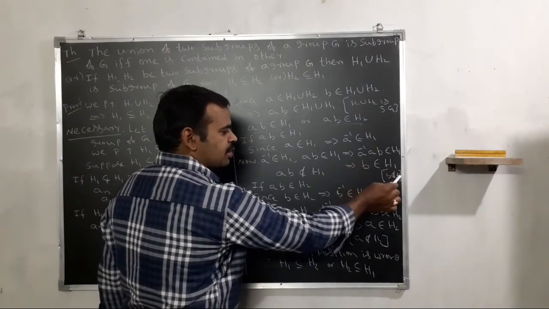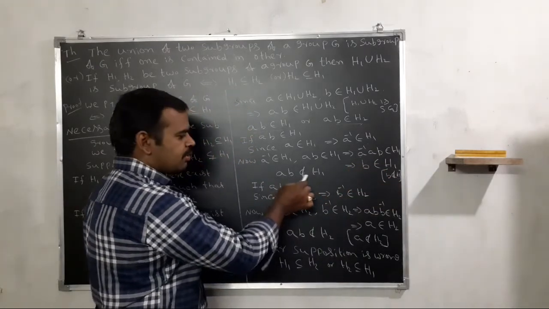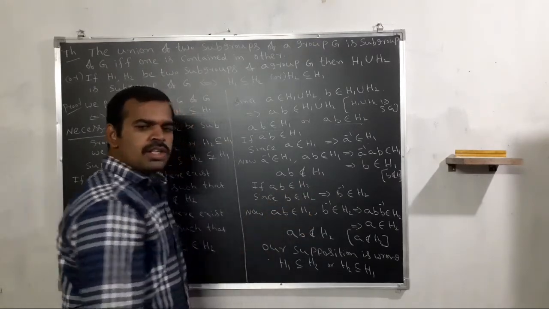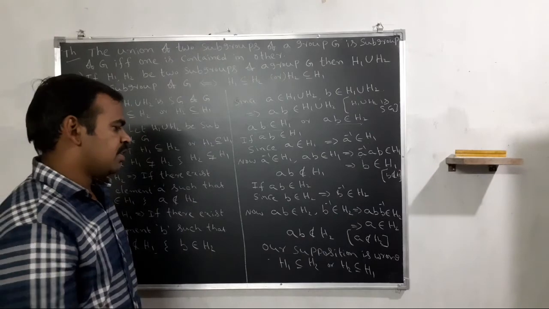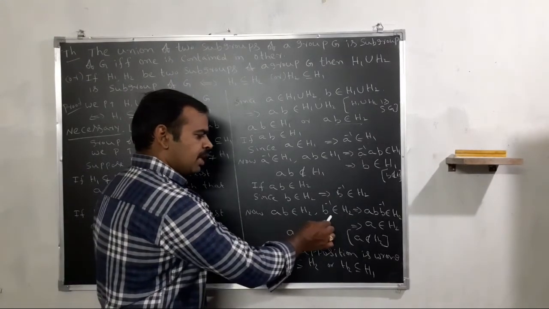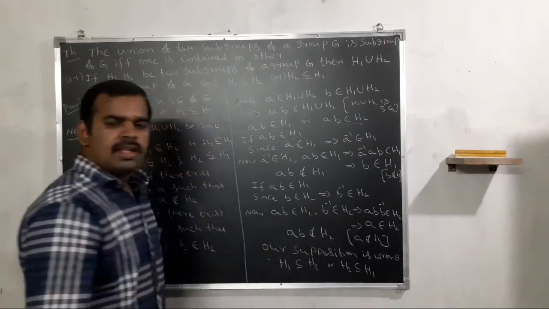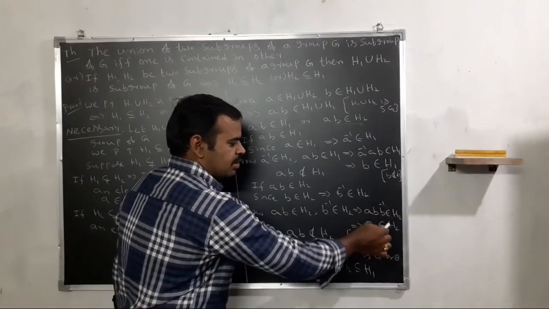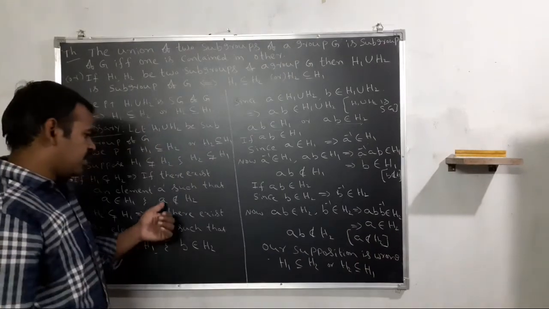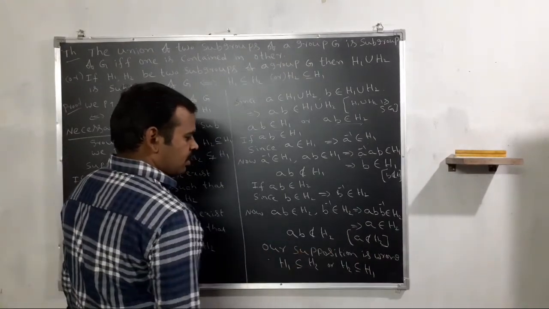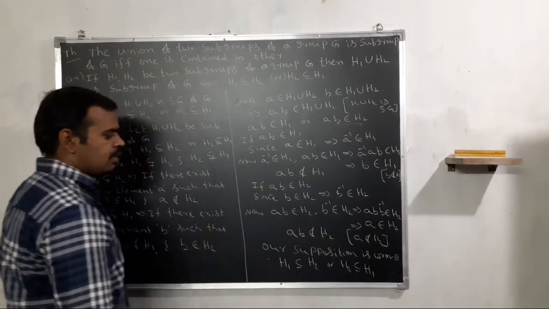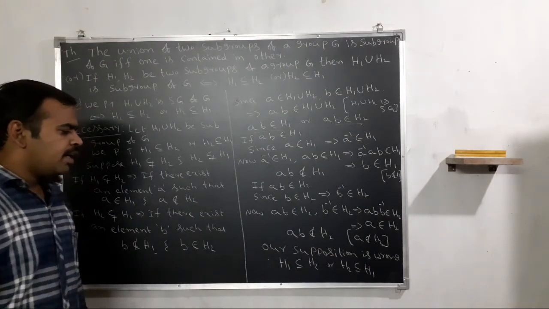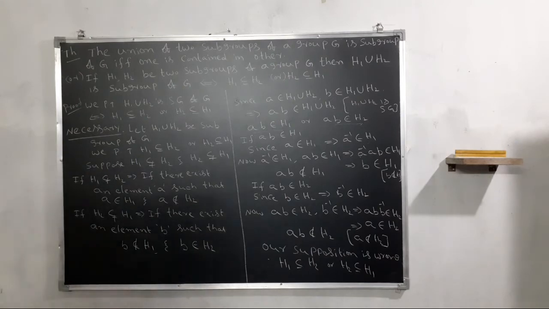But B does not belong to H1, so AB does not belong to H1. If AB belongs to H2, since B belongs to H2, B inverse belongs to H2. Then AB B inverse belongs to H2, so A belongs to H2. But A does not belong to H2. It is a contradiction. Our supposition is wrong. Therefore, H1 is contained in H2 or H2 is contained in H1.